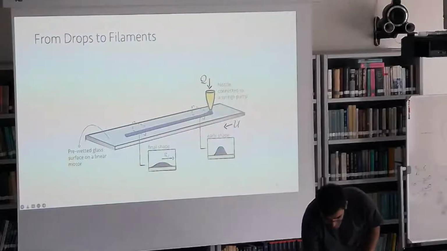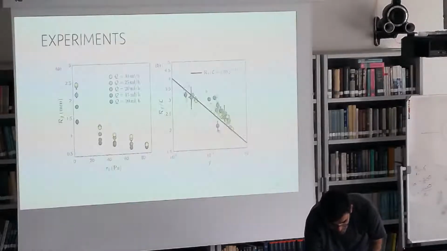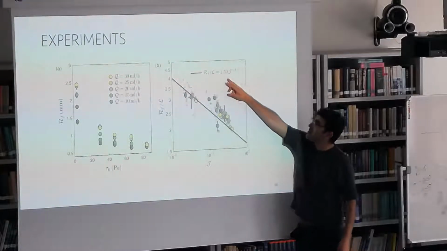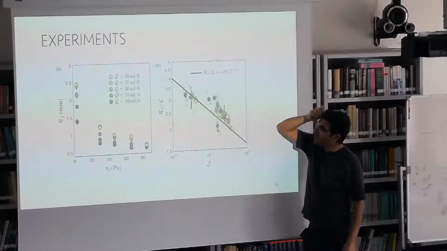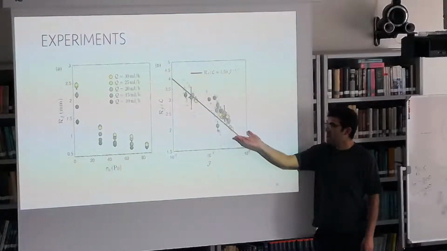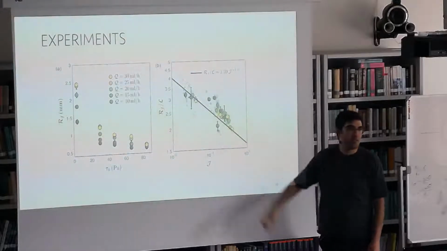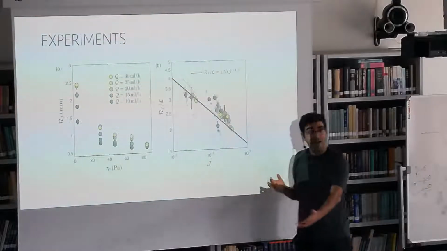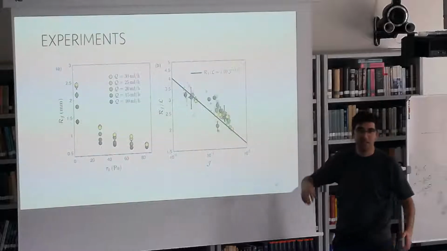Okay, and I can maybe jump quickly. This is how the experimental setup looks, and these are the results. So you get a different scaling law, basically a different prefactor, a different power law, but the comparison is what I call fair. But there's still some discrepancy, and it's also very hard to get a larger value of J. If you go very, very large, you get a constant radius, and that's a different regime.